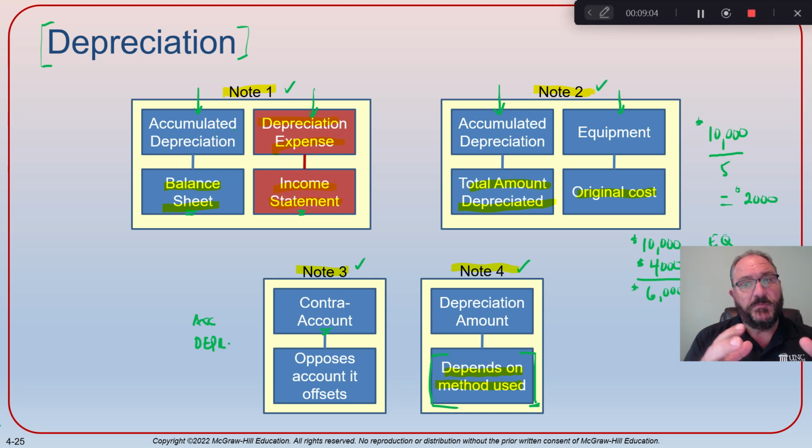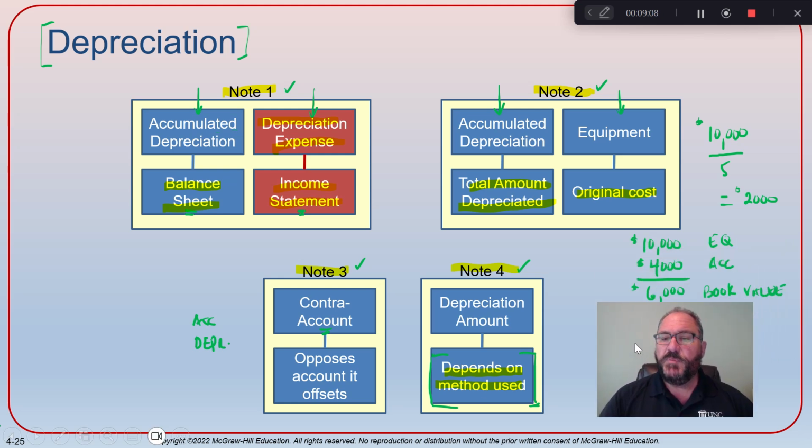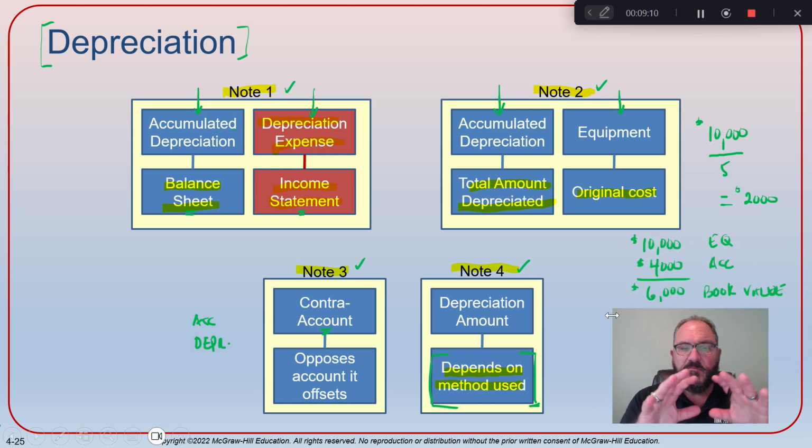We haven't talked about them yet, but the business gets the opportunity to pick the method. They don't have to do it a certain way. They just have to be consistent about the way they do it. So you have to write notes so that somebody looking at your financial statements can say, we understand you're doing it this way. You're using this method for depreciation. This is how much you paid for it.